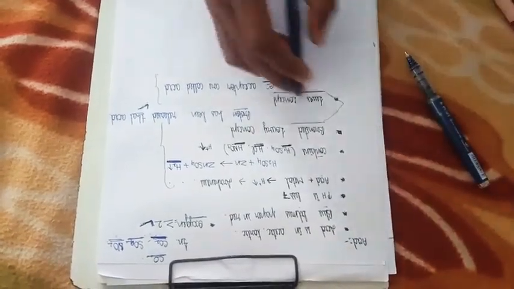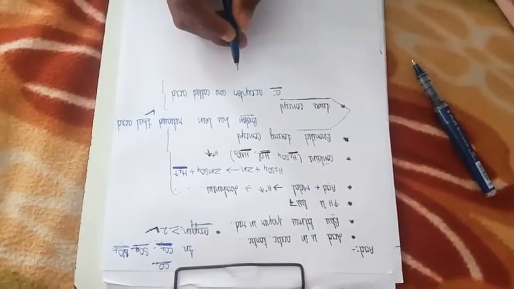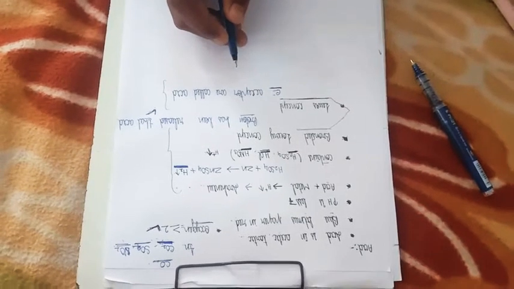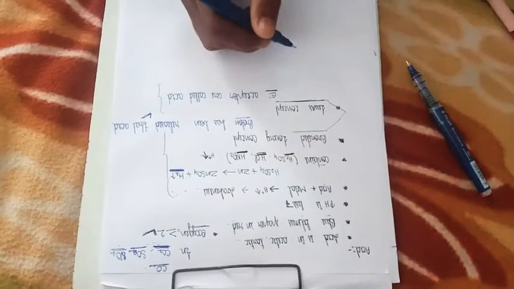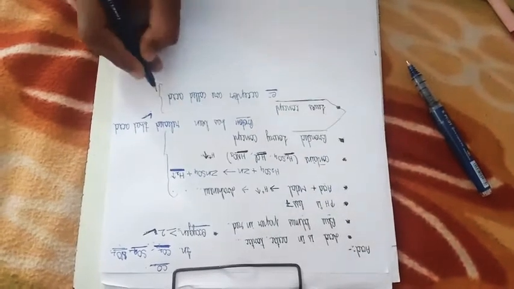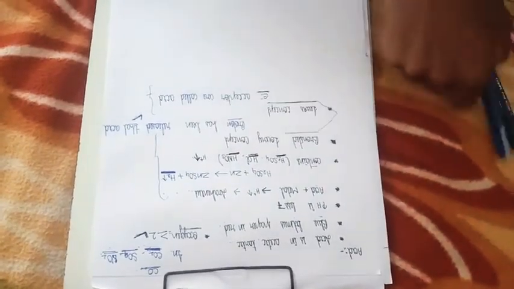That means if the reaction is done, an electron has been accepted. So we can define acid as a proton donor and electron acceptor. We have defined the acid.